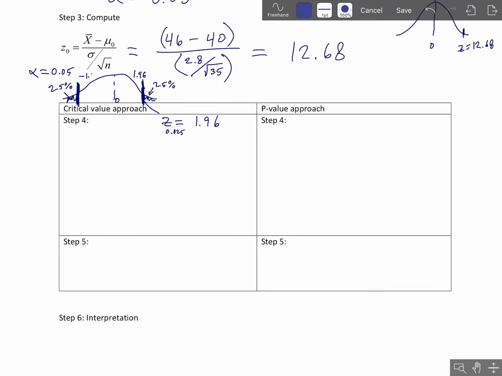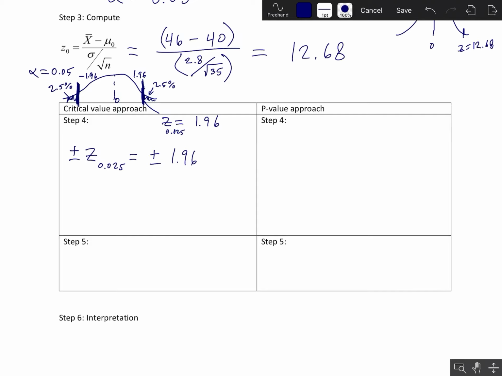In other words, because these are centered around 0, if this one is 1.96, then this vertical bar over here on the left will be a negative 1.96. So our critical values are plus or minus z sub 0.025, which is plus or minus 1.96. So those are our critical values.